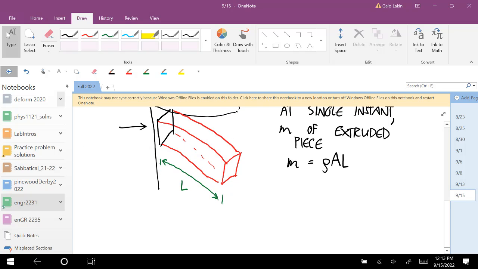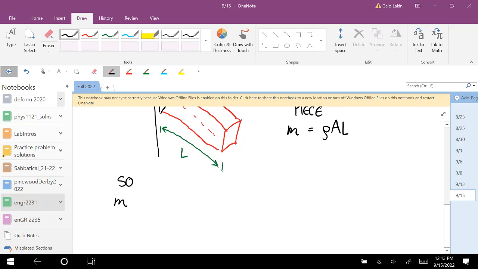And so that means the rate at which mass is coming in is the density, because the material is the material, times the area of that window, because that's not changing, times L dot, or I guess I'll write that as dL/dt. And that dL/dt is just the velocity of the material going through the window.